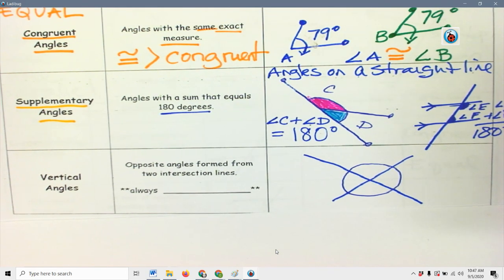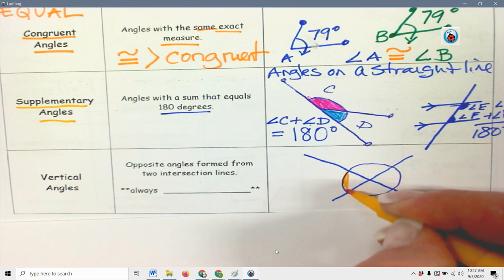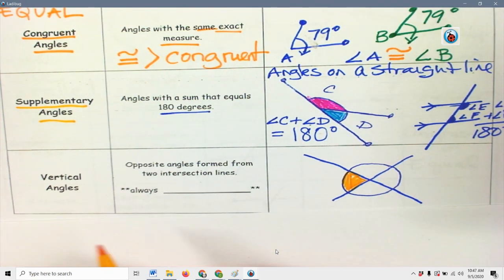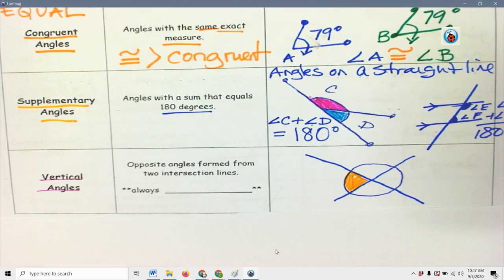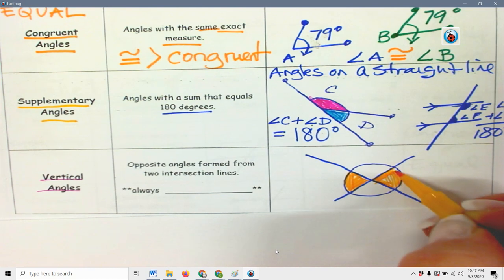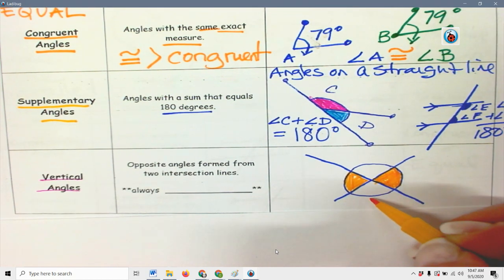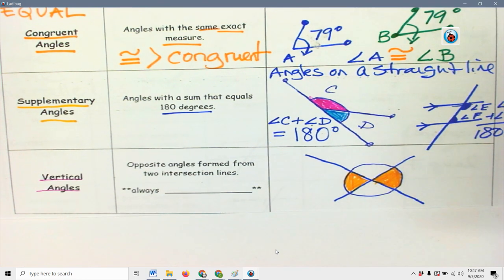And what we know about vertical angles is that when these angles are opposite each other, that's when we have vertical angles. They are right across from each other when we have an intersection like this. They're diagonal. They're not next to each other. They're opposite from each other.